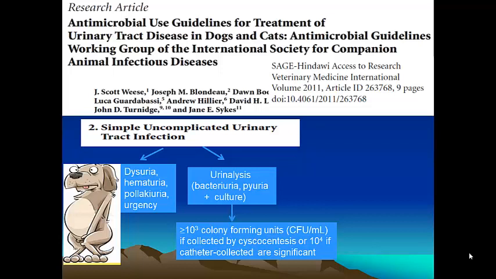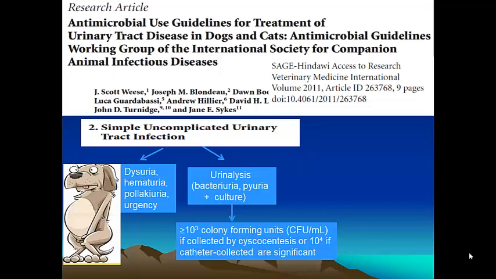So those clinical signs are usually dysuria, pollakiuria, painful urination, urgency to urinate. There might be some blood in that urine. The animal may vocalize. So those are typical signs that something is going wrong.